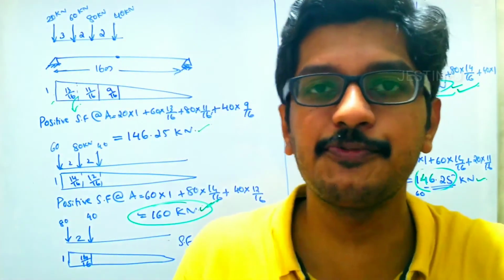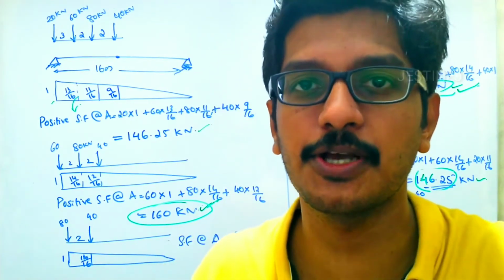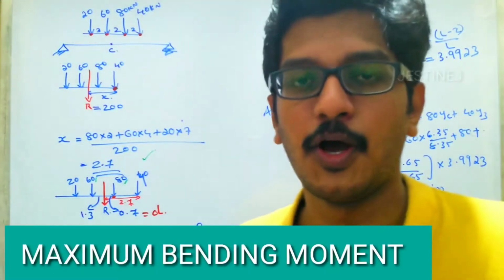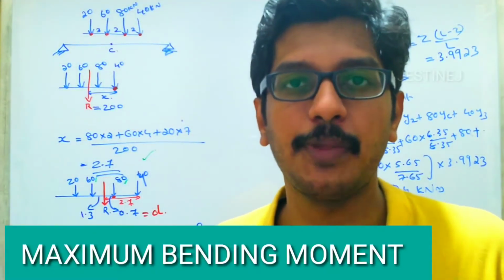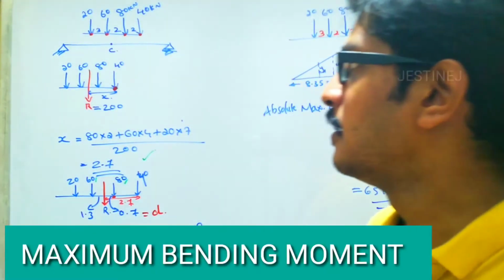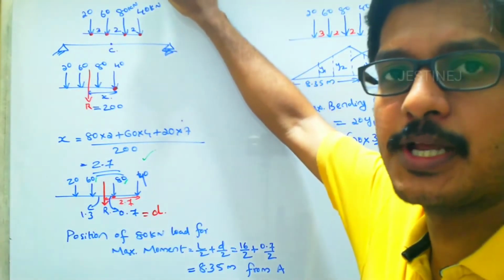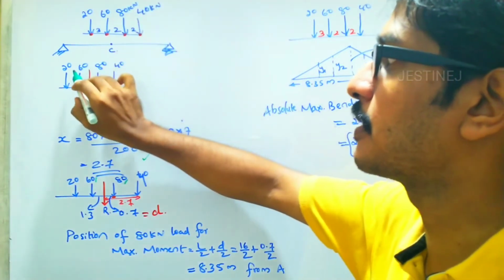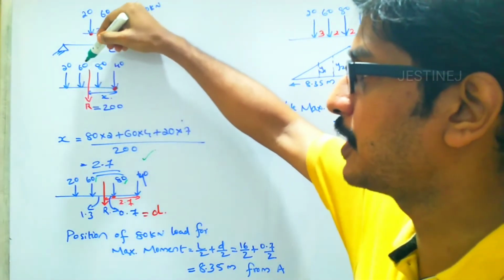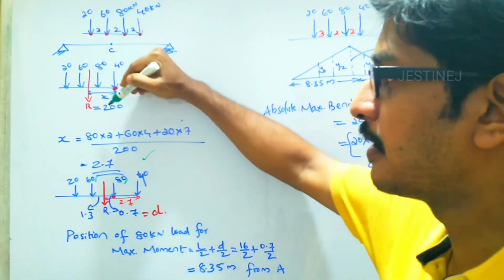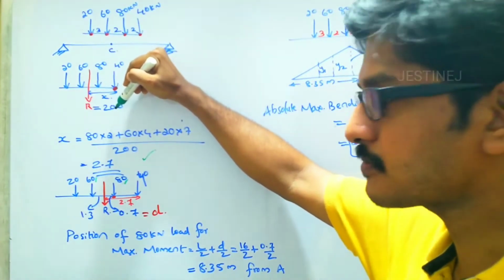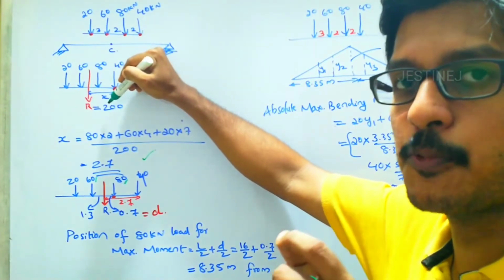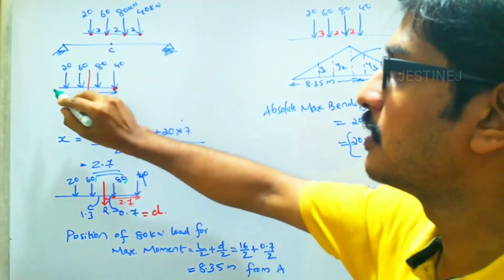In this way, we calculate the maximum shear force when a train of constant load travels across a beam. Now we will find the absolute maximum bending moment in the beam. First of all, we have to calculate the resultant load, meaning you sum all the given loads: 20 plus 60 plus 80 plus 40, giving 200. Our next step is to find the position of this resultant in the given series.